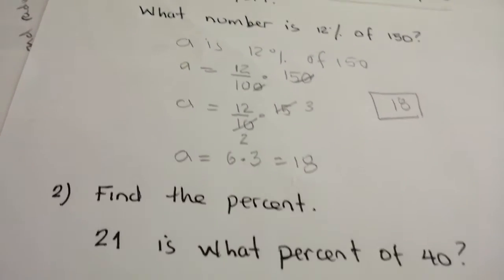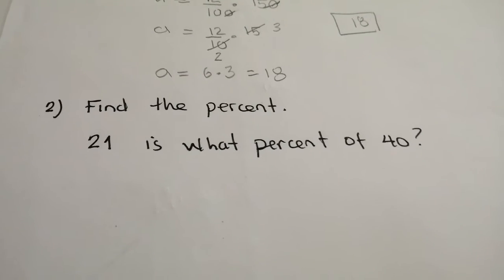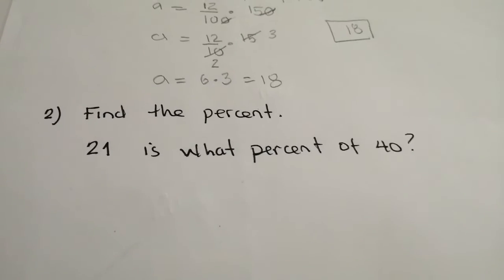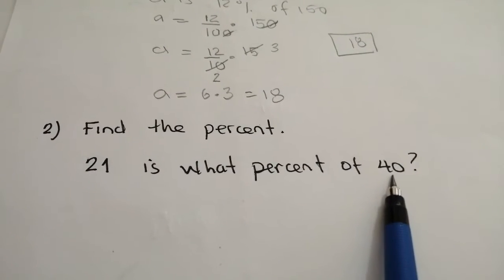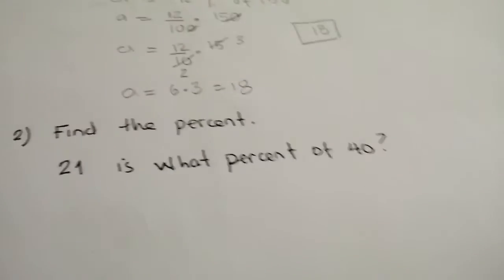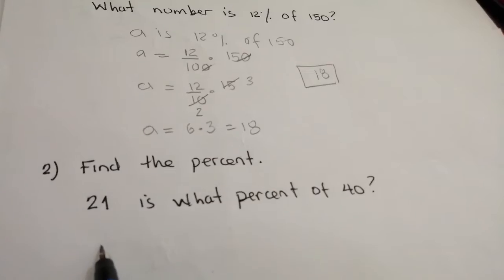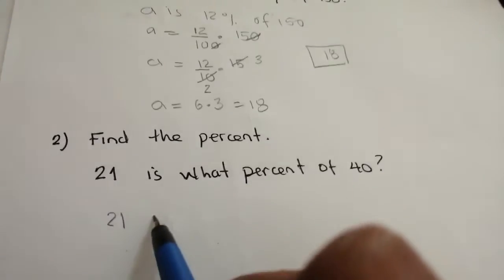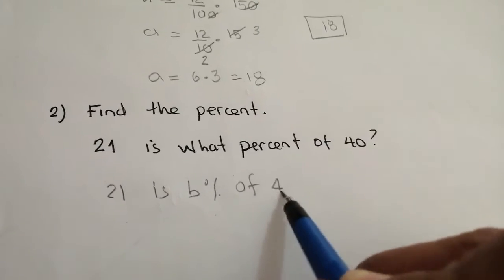Now, in the second question, I ask: 21 is what percent of 40? If you see, this time they give you A and also C, 40. So I have A and C. The question is about the percent. So I'm going to write this also as a sentence: 21 is B percent of 40.